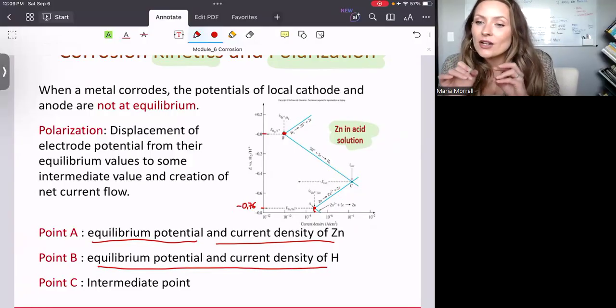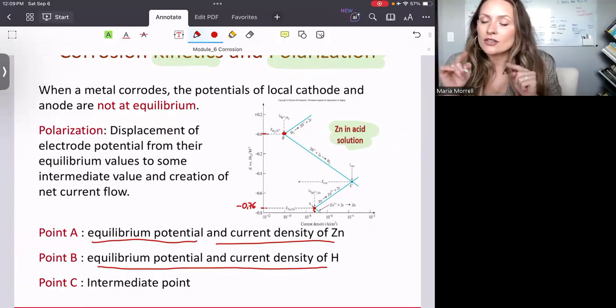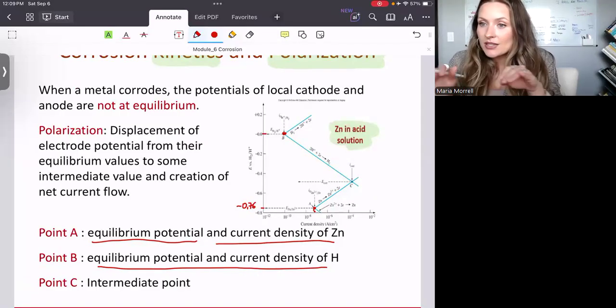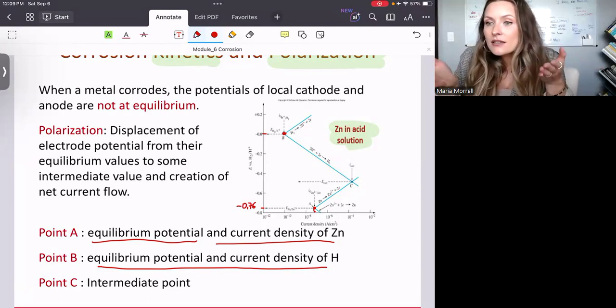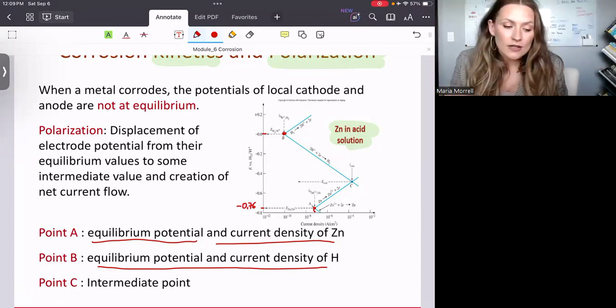But as I stated earlier, as these two reactions, oxidation and reduction, occur, they have to occur at a certain intermediate point, just due to the fact that they are happening at the metallic surface and it's a perfect conductor. So we can't maintain this differential on the metallic surface, right?